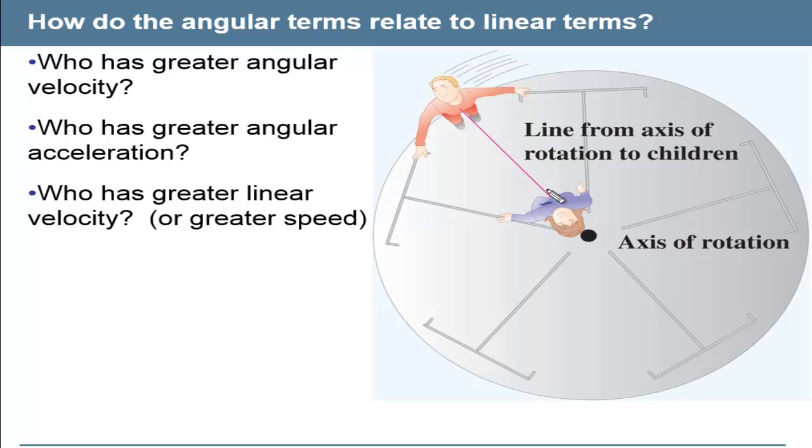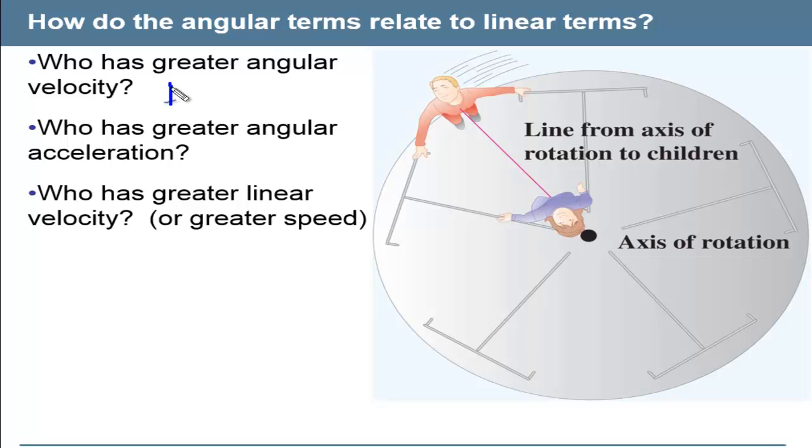Well, who has a greater angular acceleration? Well, if they have the same angular velocities at every point in time, then their change in angular velocities should also be the same, right? So they actually both have the same angular acceleration as well, right?